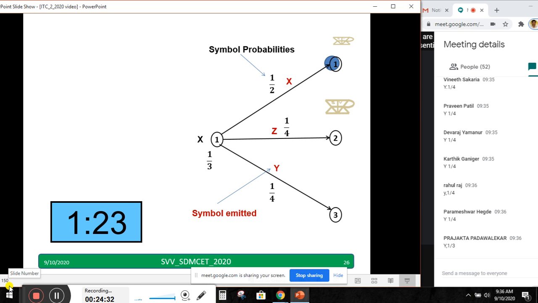Try to complete. Copy down the probabilities neatly. You can take a few seconds extra, but try to copy down all the probabilities properly. Okay, let us go to the next. If you have completed, we'll go to the next.